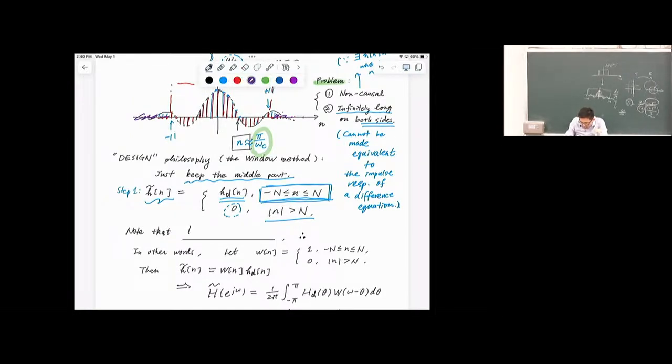Let's note that truncation is equivalent to multiplying with the rectangular function.